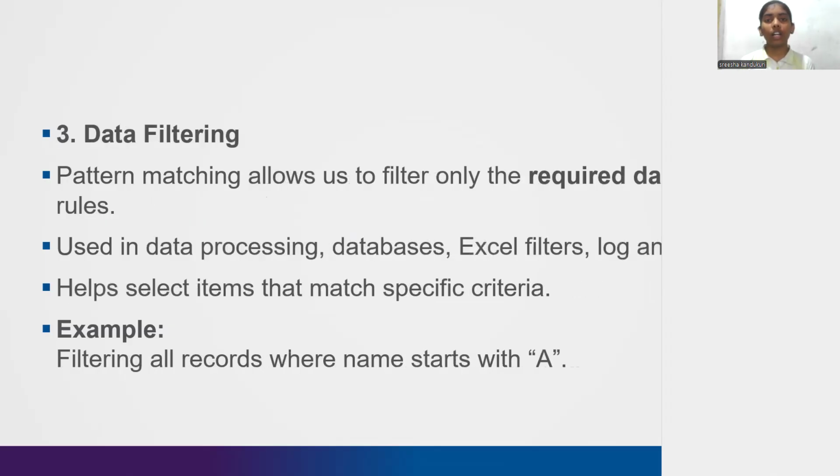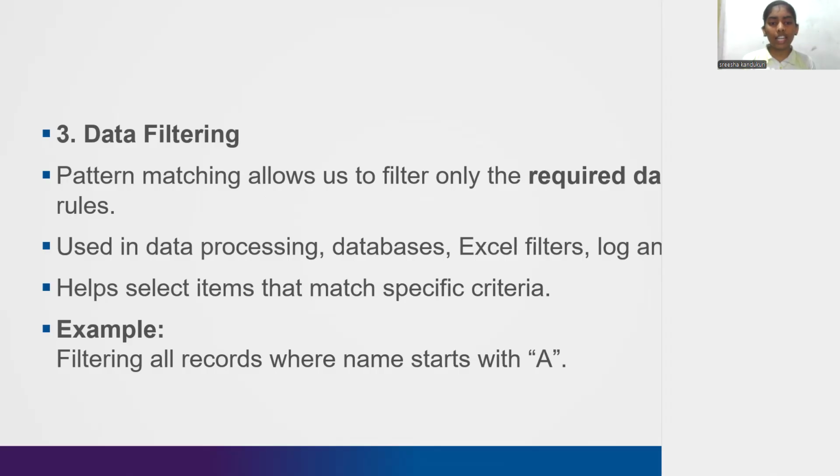And next we have data filtering. Pattern matching allows us to filter only the required data. We all experience this: if we want a particular matching thing, we just search and then sort it out. That is known as data filtering.